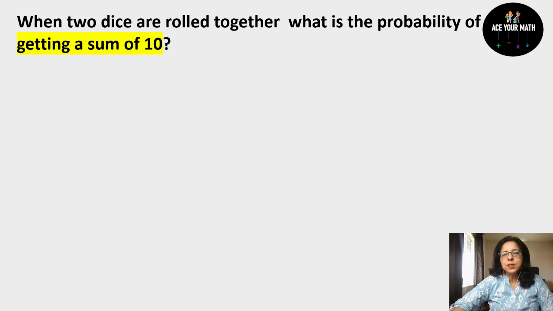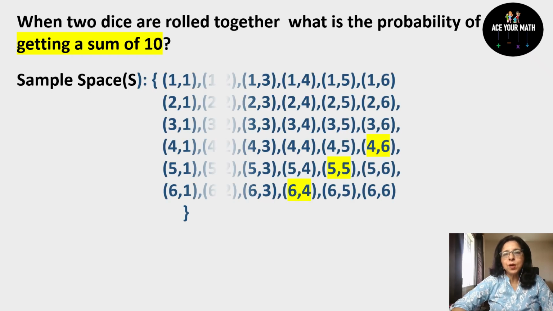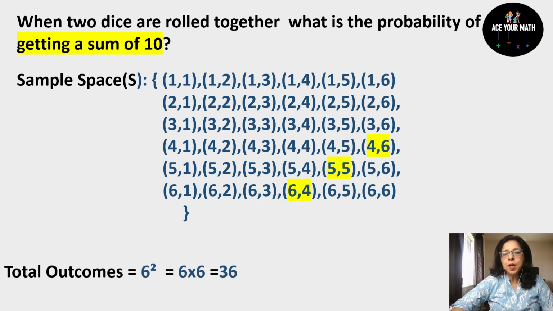Now let's solve one question with two dice. When two dice are rolled together, what is the probability of getting a sum of 10? So this time we are rolling two dice. So the first step is writing a sample space, as I told in the previous slide. How many outcomes are there? There are total 36 outcomes because we are rolling two dice. For two dice, it is 6 multiplied by 6, or you can say 6 square. Okay, what are we looking for? We are looking for a sum of 10.